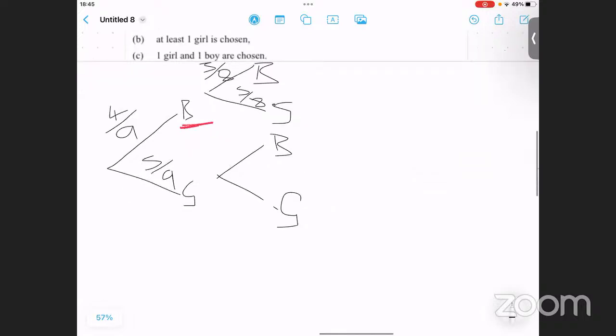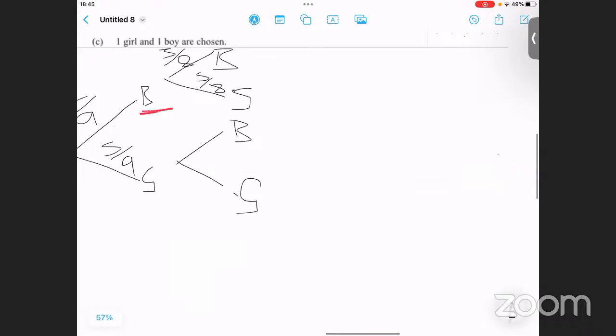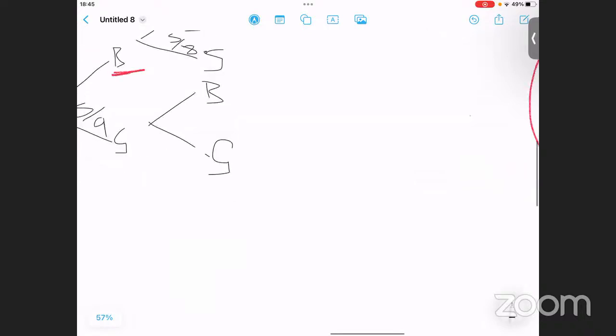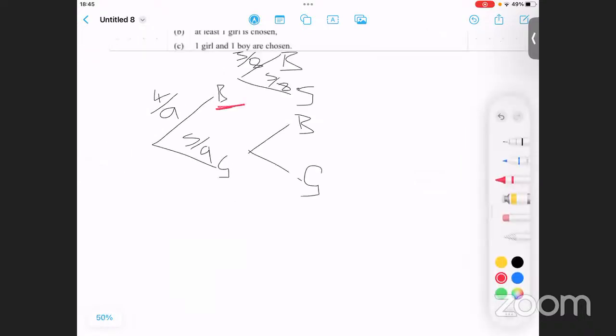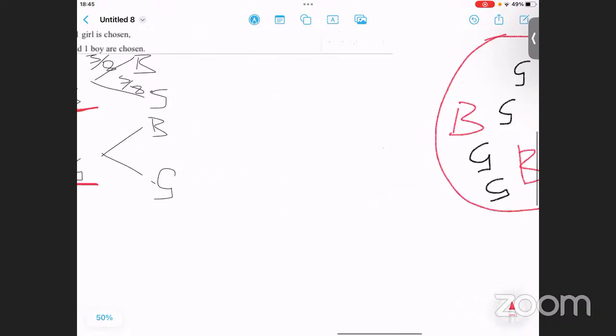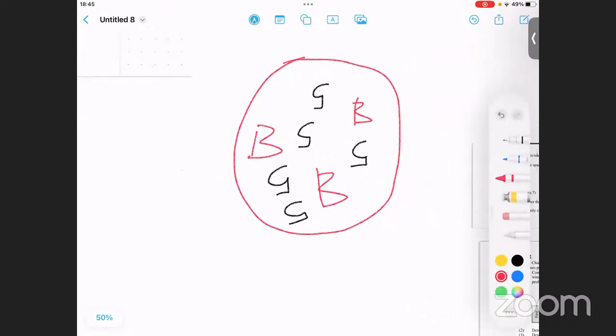Okay. Now let's look at the second branch. Given that the first one to be selected is a girl, what are the chances of a boy being selected if a girl is the first one to be selected?